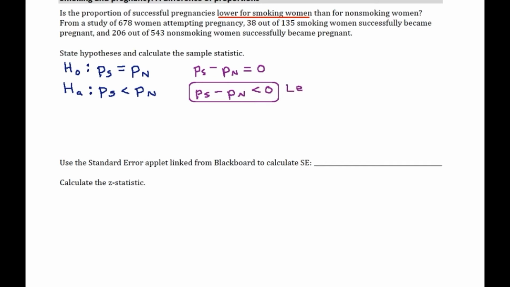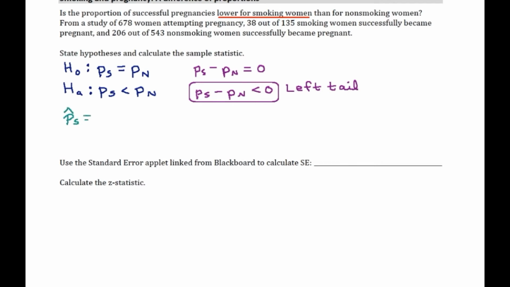So this should be a left tail test, and the way that we're going to make sure it stays a left tail test is by calculating our sample statistic as PS hat minus PN hat, not in the opposite order.